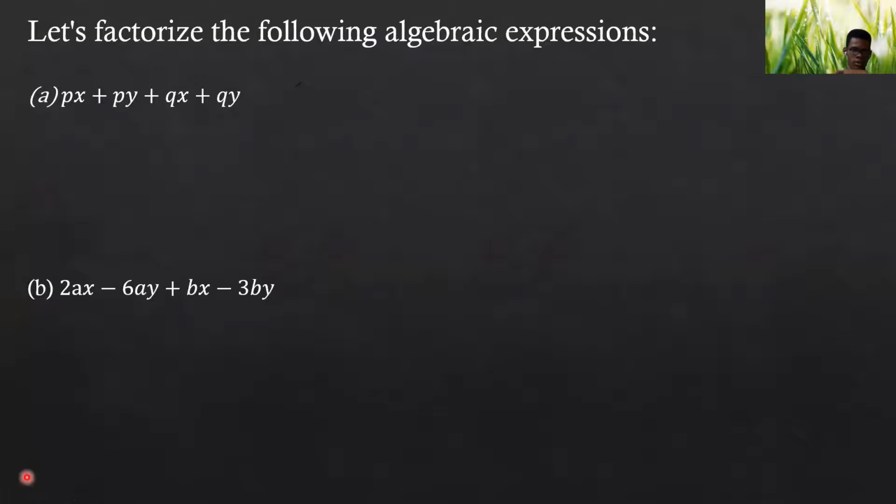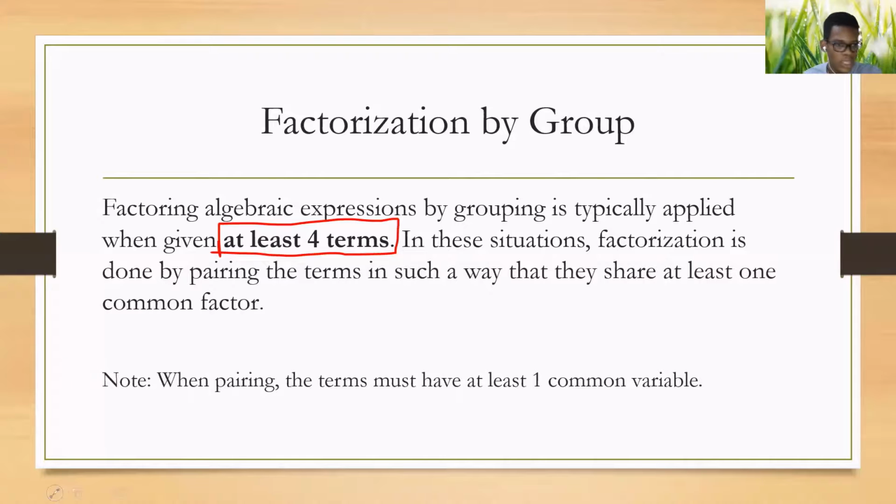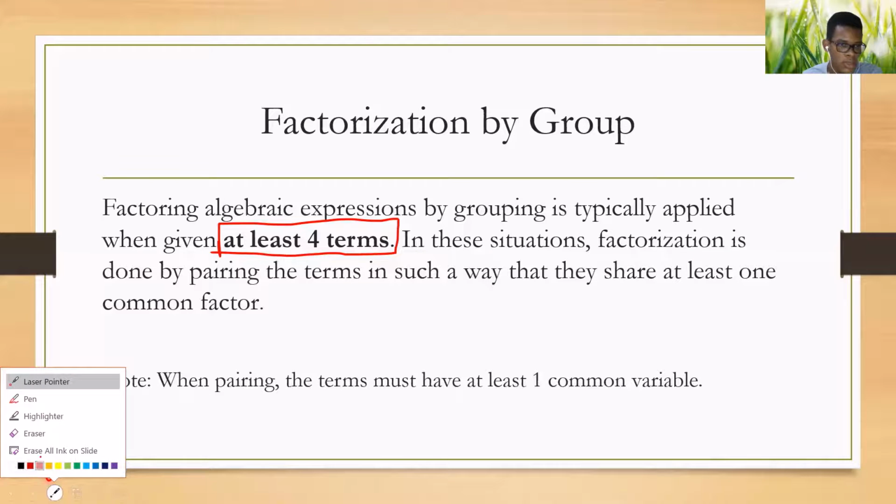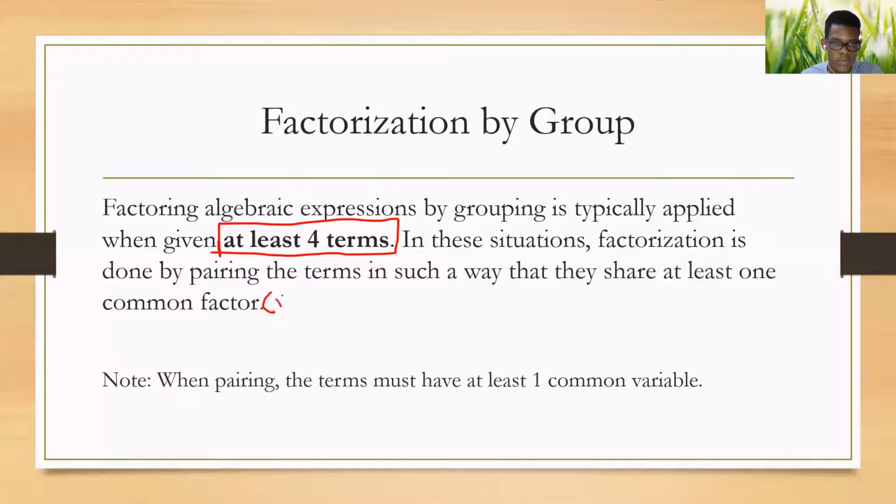But what you really need to pay attention to is not the factor. The factor is actually a variable, so it needs to have at least 1 common variable. So when you group 2 terms together, they have to have at least a common variable, or common factor.